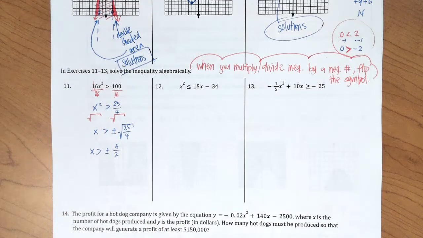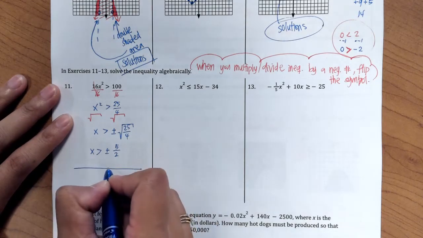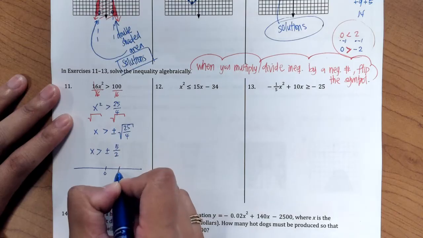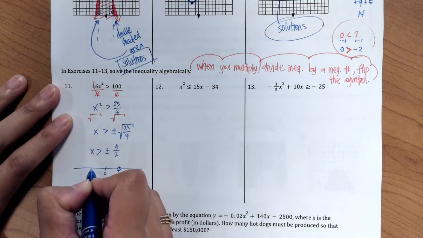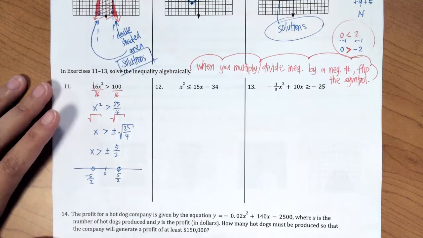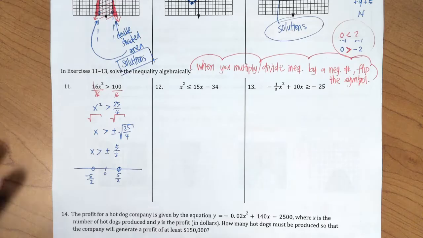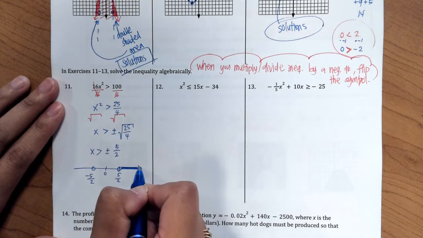It's really important to visually understand what this is saying. On a number line, here's 0, I have positive 5/2 and I have negative 5/2. And I want the x values that are greater than these. So greater is over here. Would you guys agree?